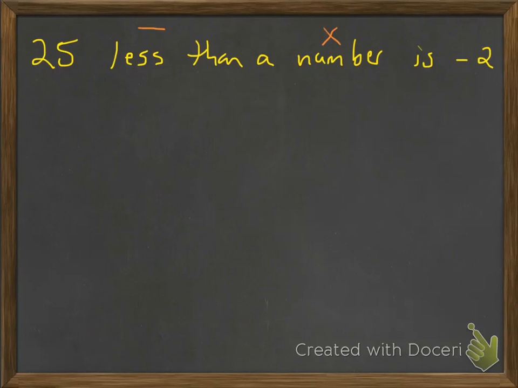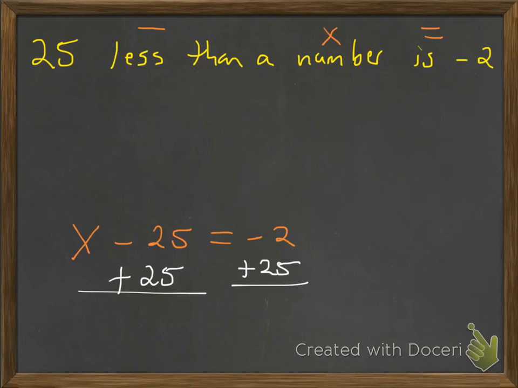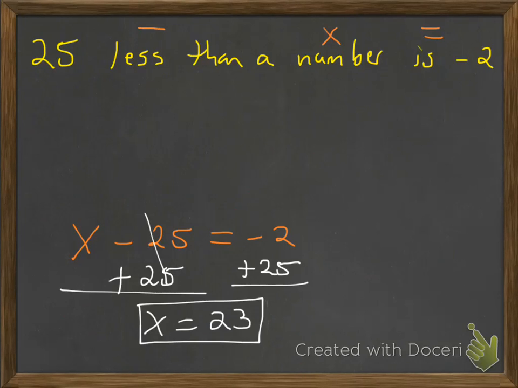So the thing that comes afterwards is what comes first. The number is x, and then we have the word is for equals. Okay, so we have x minus 25 equals negative 2. This is real straightforward. How do I get rid of minus 25? I add 25. So anything I do to one side, I do to the other. Okay, and x is equal to 23.